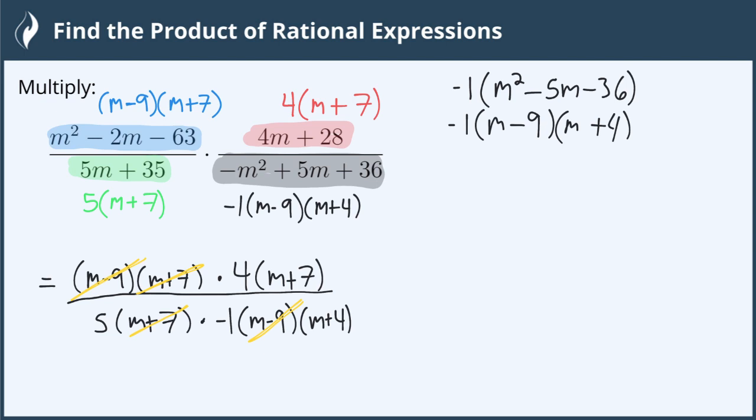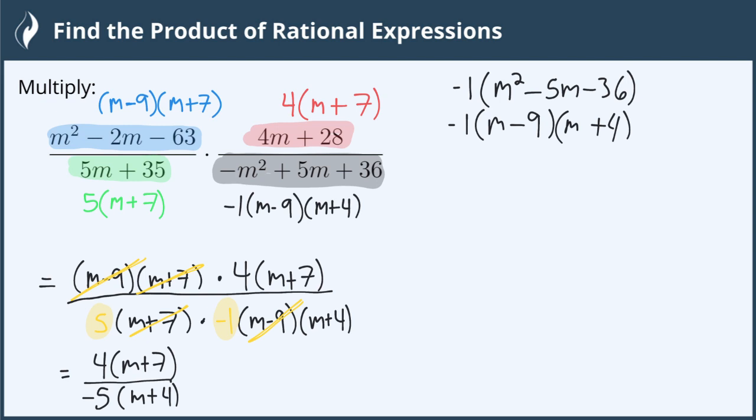So now we can say this equals, on the top, my 4 and my m plus 7 left. On the bottom, we had 5 and negative 1. We multiply those together because they're just plain numbers, and we have negative 5. And we still have an m plus 4.